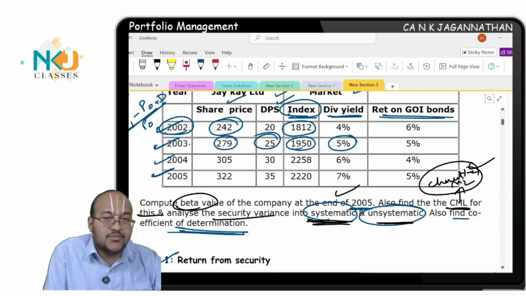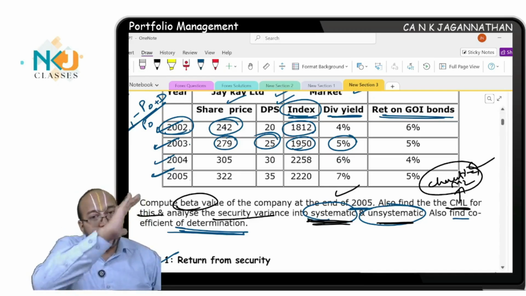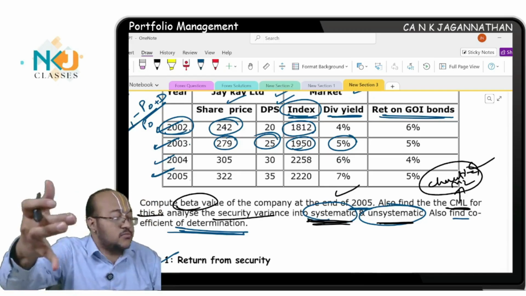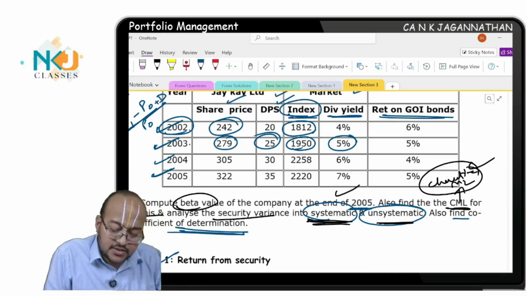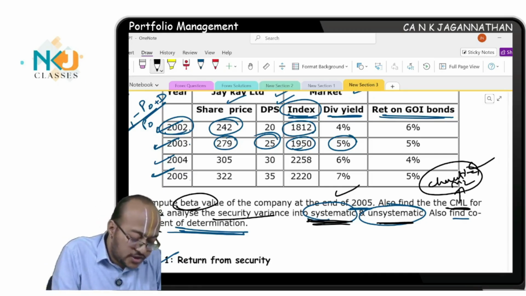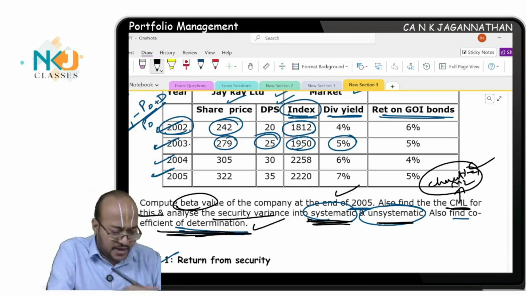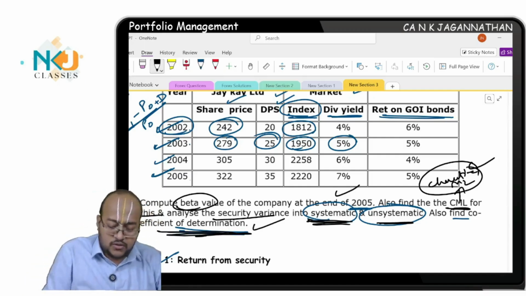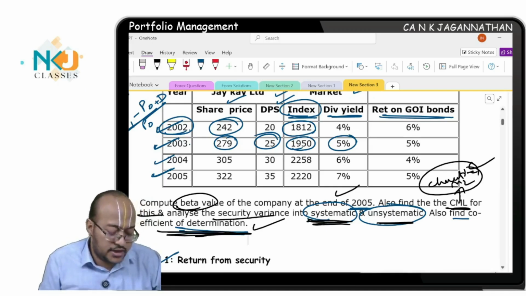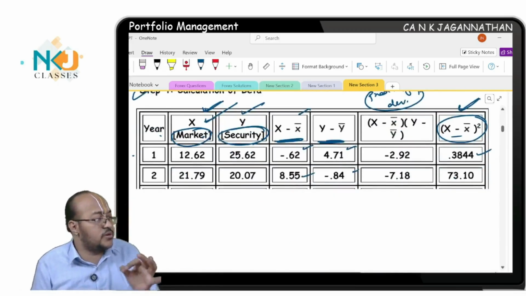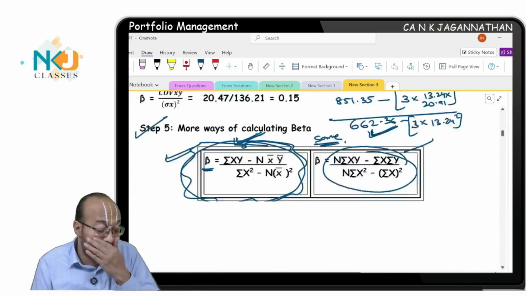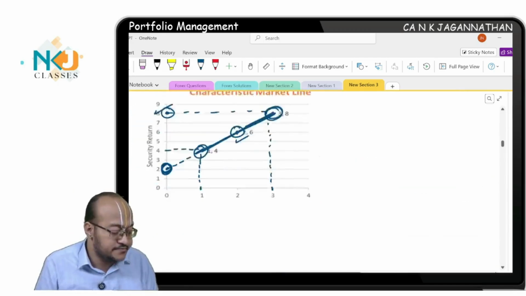It's something different, assume it is CML2. The capital market line we studied earlier; this is the characteristic market line. Also find the coefficient of determination. That we also found: 8% was the coefficient of determination, balance 92%. This we segregated, so we solved this question. We will move on to the next question. I want to quickly discuss two more questions in this regard and you will have absolute clarity.